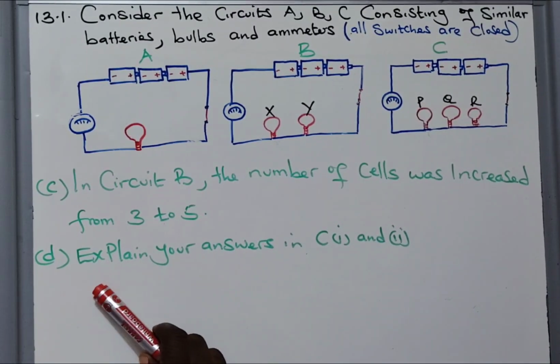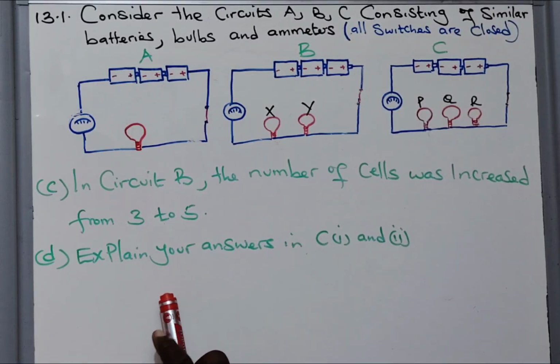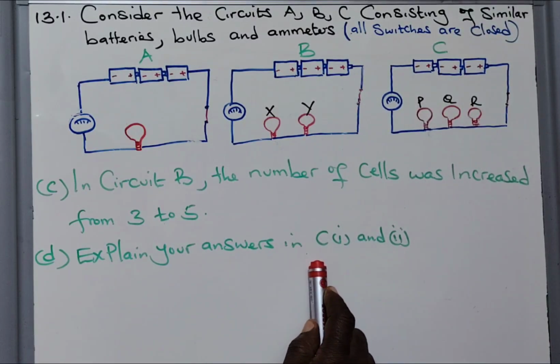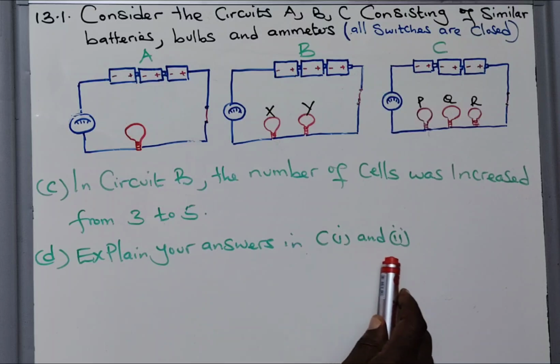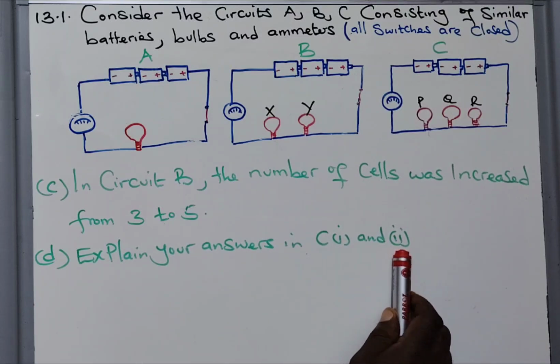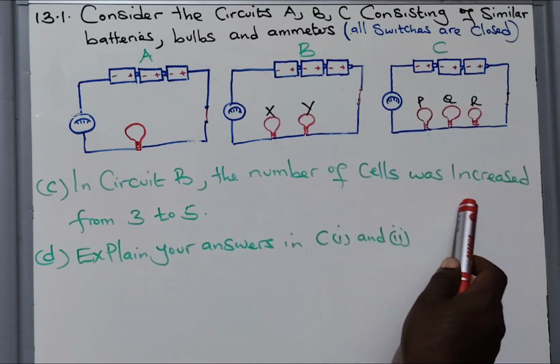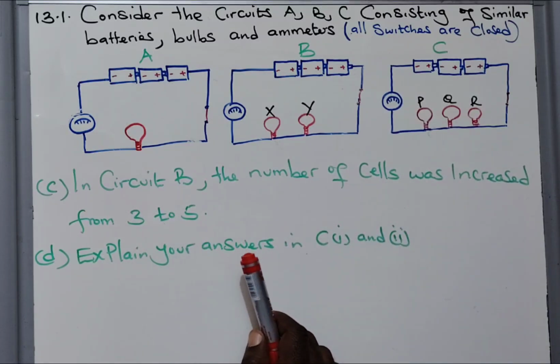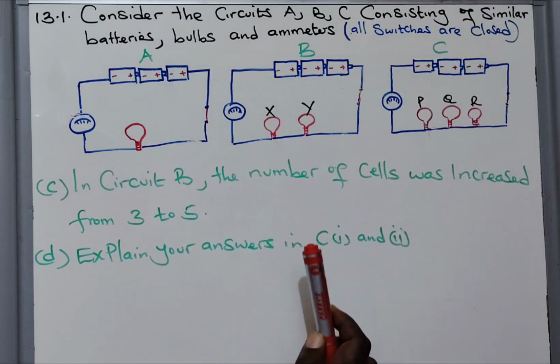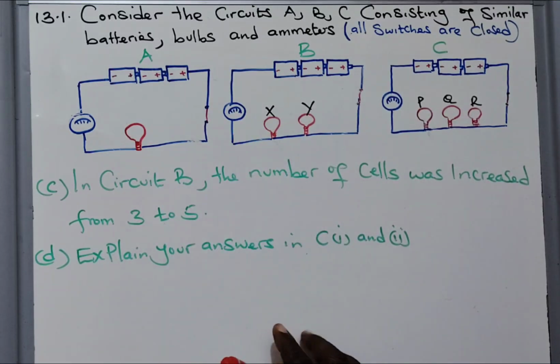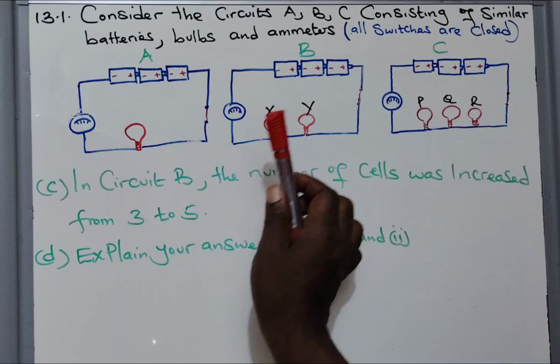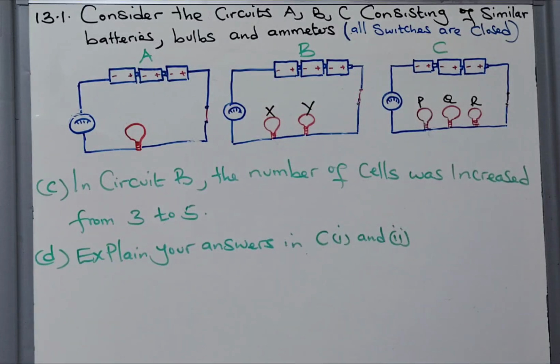Then we come to this question. It says explain your answer in C, Roman number 1 and Roman number 2. What did we see in C? We saw that when the number of cells was increased from 3 to 5, the brightness of the bulbs increased, and the ammeter reading also increased. So what is the explanation for that? The explanation is that increasing the number of cells increases the potential energy in the circuit.